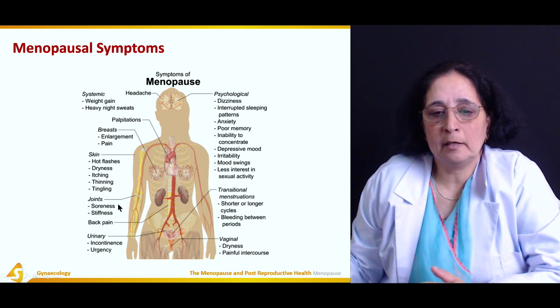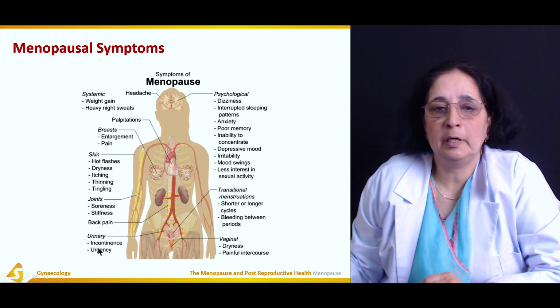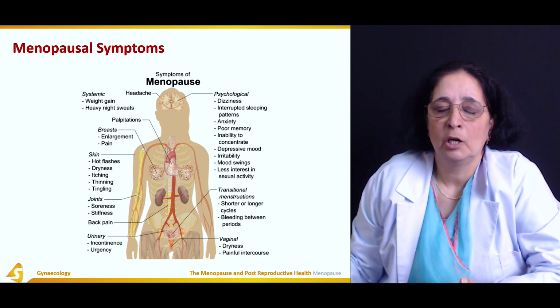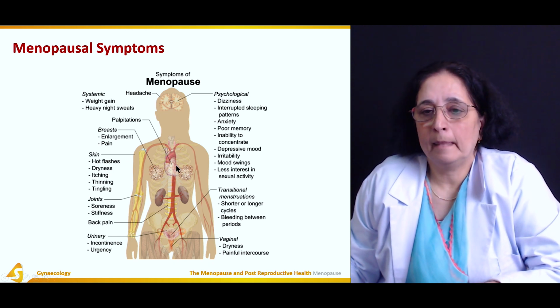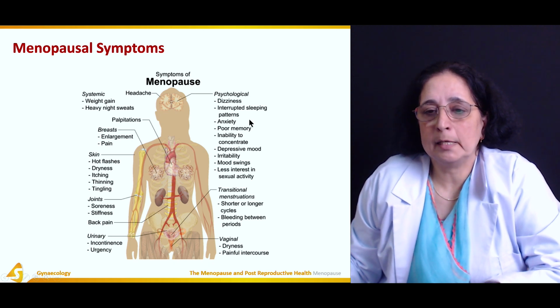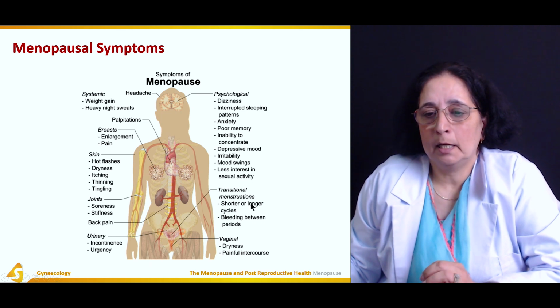In the joints, there is stiffness, bone pain, back pain, and incontinence is common. Urinary incontinence means there is always a feeling that you want to urinate. Then there is dizziness, interrupted sleeping patterns, anxiety, mood changes, loss of sexual interest, and mood swings.